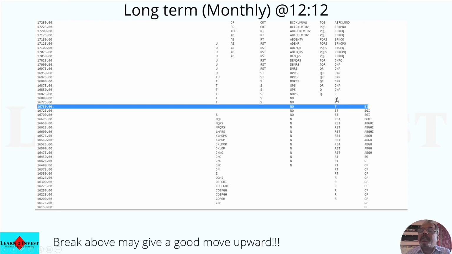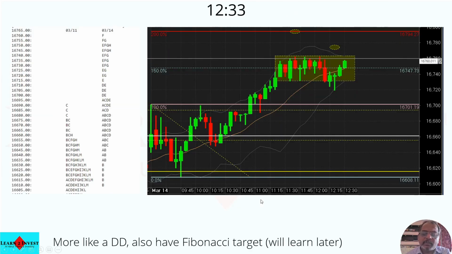So from J it moved up, and then it came down suddenly, and then rotated again. Okay, so there is a possibility that when markets move above these levels, it will move very fast, just like this day or this day or this day. So there is a possibility that there are lots of buyers or a lot of people who actually want to check what's going to happen here in this market at this point in time.